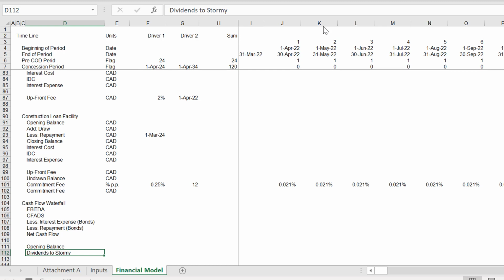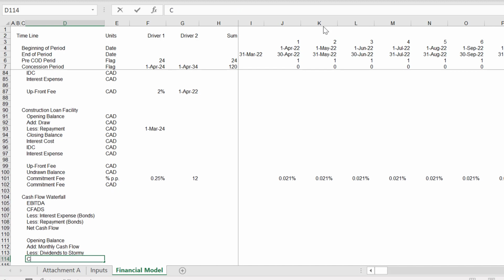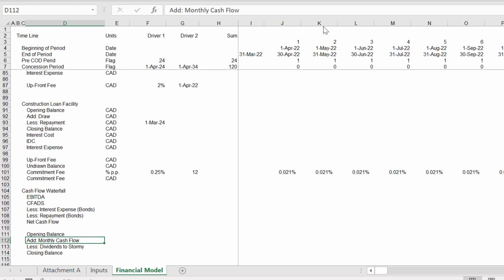We'll add this period cash flow, add monthly cash flow, and less dividends, and then we put a closing balance.